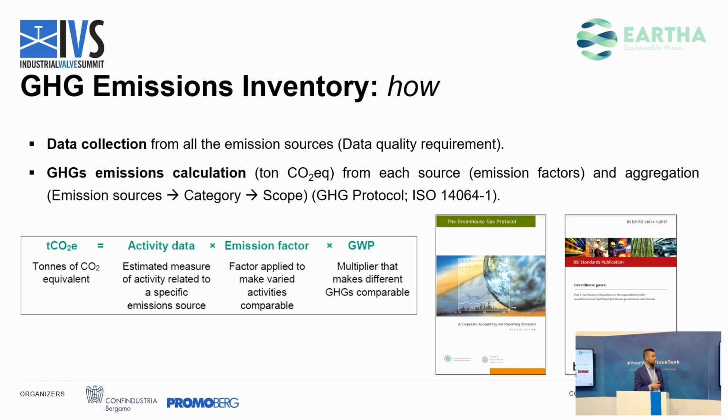So the tons or kilograms of carbon dioxide equivalent are calculated for each source as the product between the activity data, for example, the amount of fuel that is used in the combustion process for generation of electricity, with an emission factor that expresses the mass of carbon dioxide equivalent that is emitted into the atmosphere per unit of mass or volume of a given data.